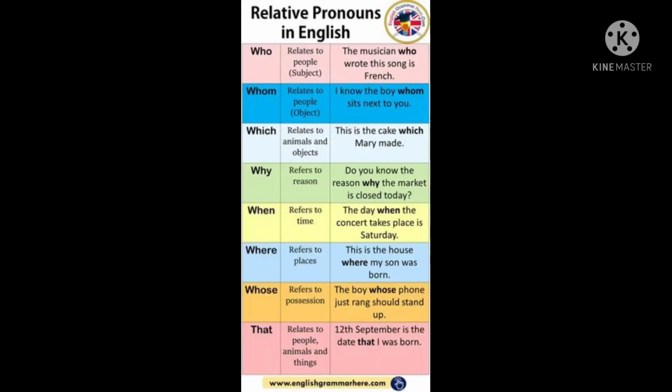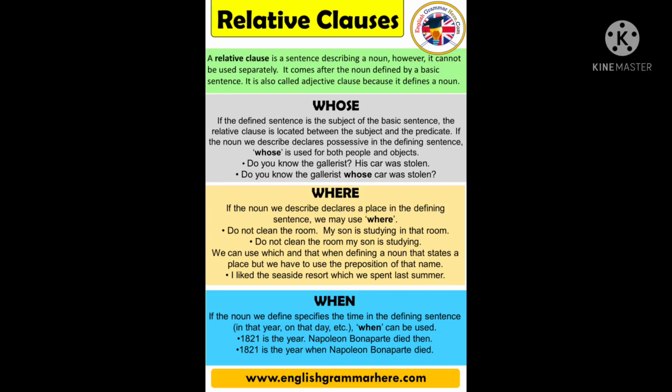Let us look at that in an example. Did you see the letter which came today? I love the puppy which is jumping in the kitchen. The word which refers to inanimate objects or inanimate subjects. The meaning of inanimate is inorganic.